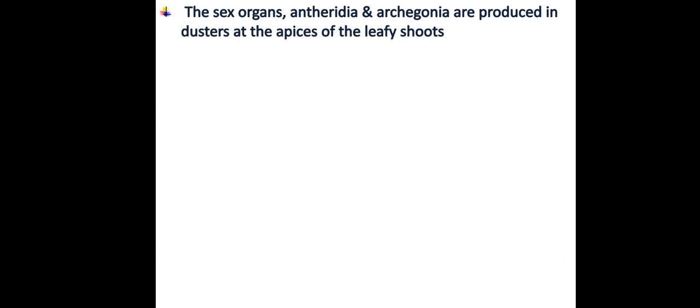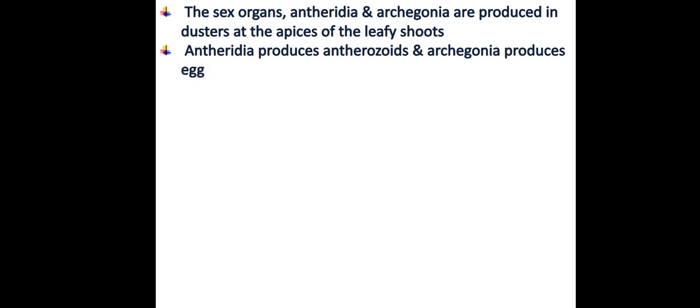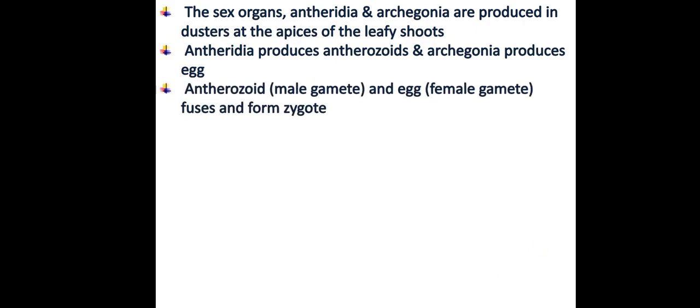The sex organs, antheridia and archegonia, are produced in clusters at the apices of the leafy shoots. Antheridia produce antherozoids and archegonia produce the egg. Antherozoid, which is the male gamete, and egg, the female gamete, fuse and form the zygote.